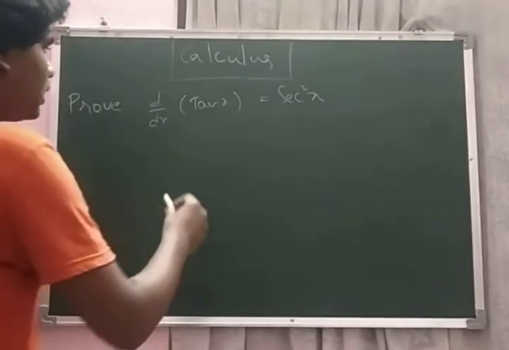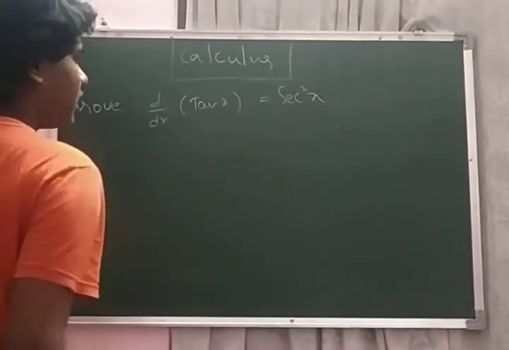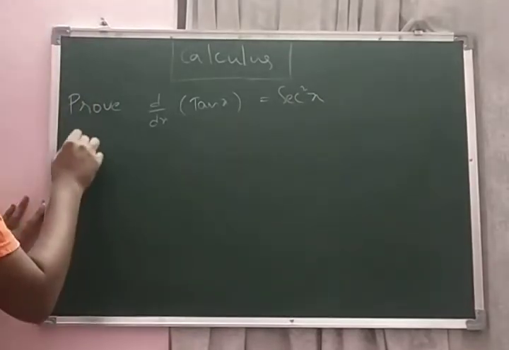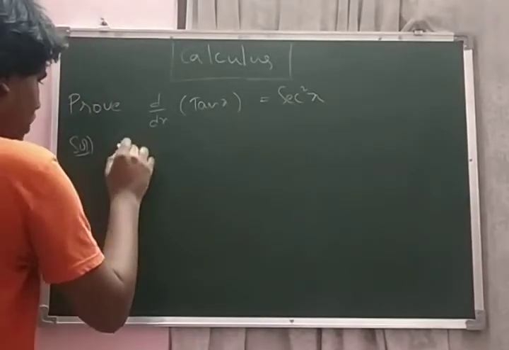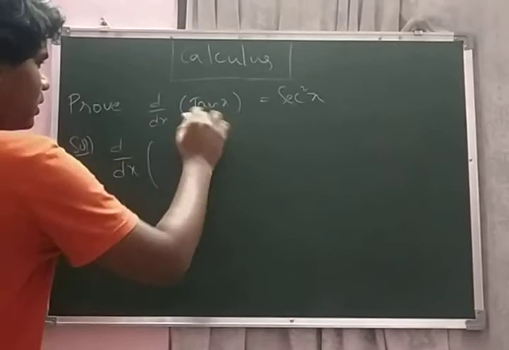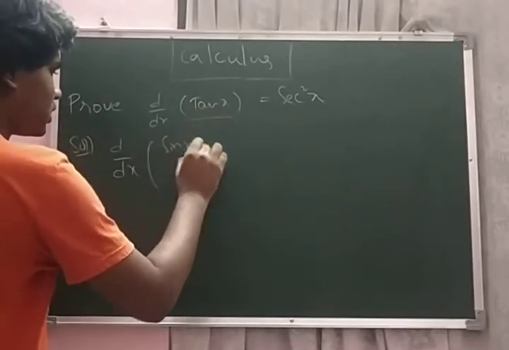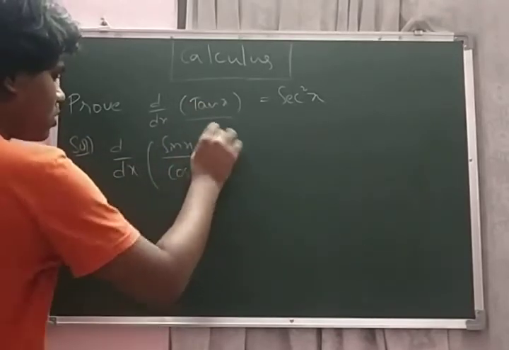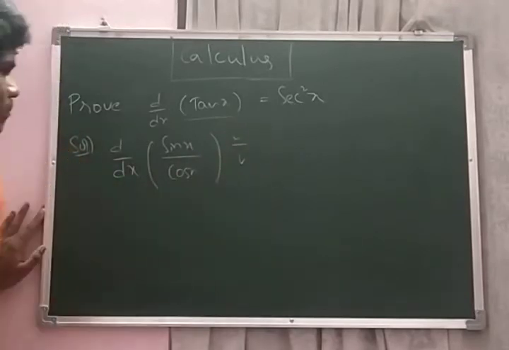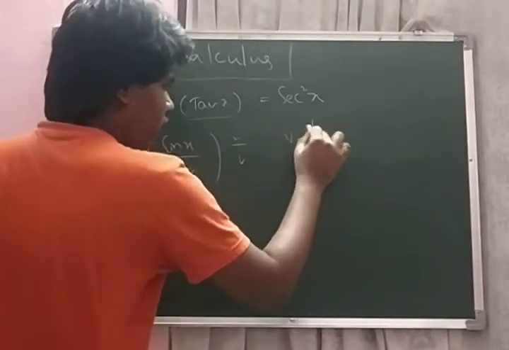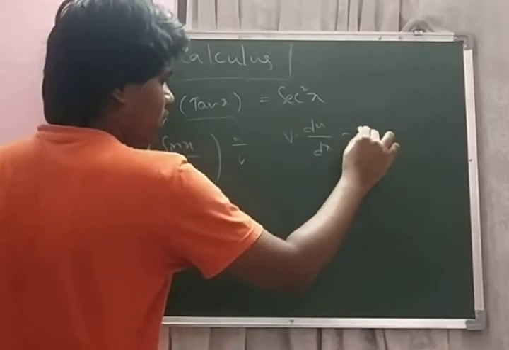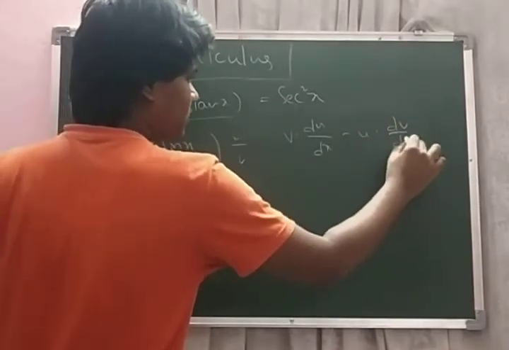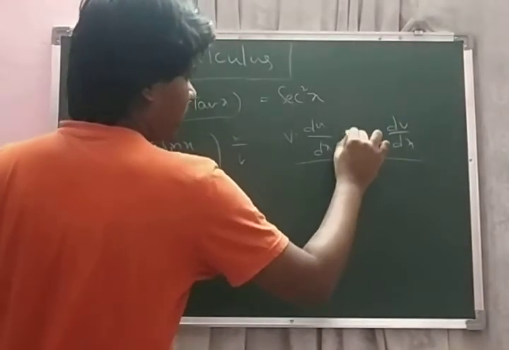So I told you that d by dx of tan x is equal to secant square x. Now we are going to prove that. So d by dx of tan x can be written as sin x by cos x. So apply the u by v formula. That is v du by dx minus u dv by dx, by v square.